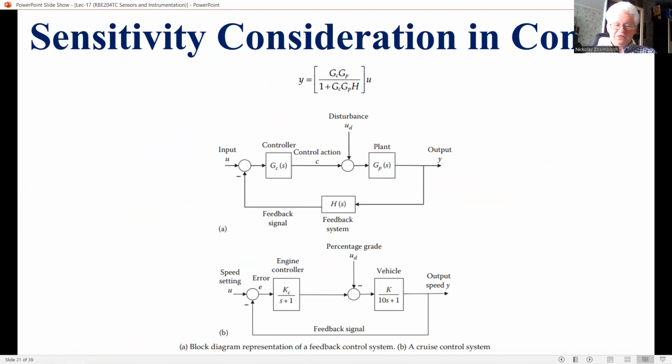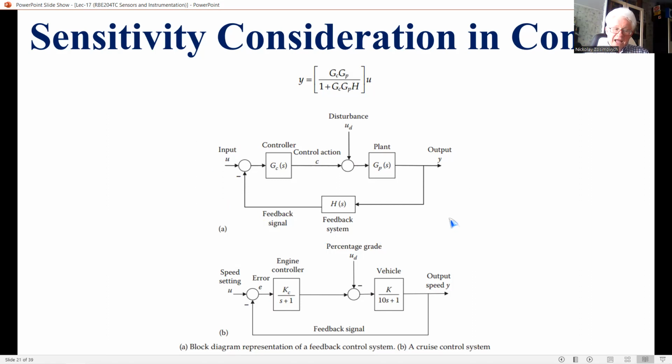It follows that analyzing the sensitivity of a feedback control system to parameter changes and to external disturbances is important. Consider the block diagram of a typical feedback control system shown in Figure A in the middle of this slide.